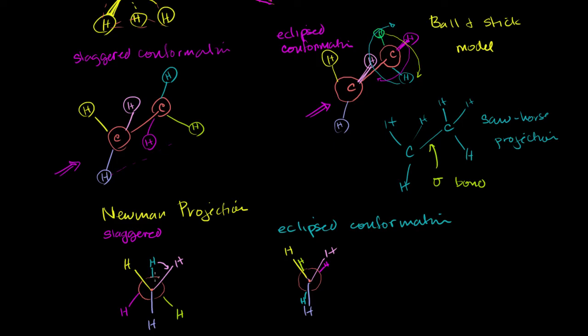But on a Newman projection, when you're just saying how much they are rotated away from each other, this angle is called a dihedral angle. In this case, this hydrogen relative to that hydrogen has a dihedral angle of 60 degrees. In this case, this hydrogen relative to that hydrogen has a dihedral angle of 0 degrees. It's a way of saying how staggered or how eclipsed you are.